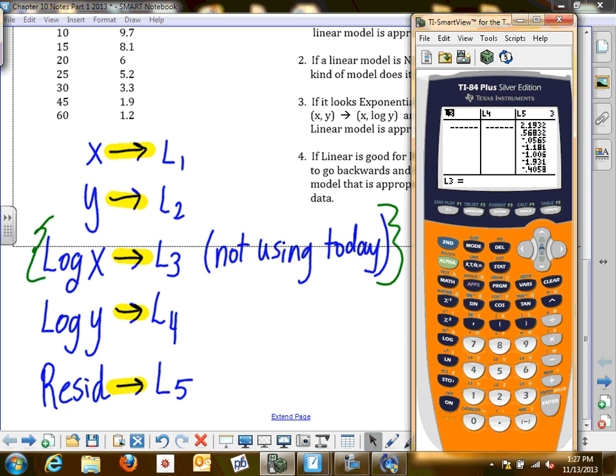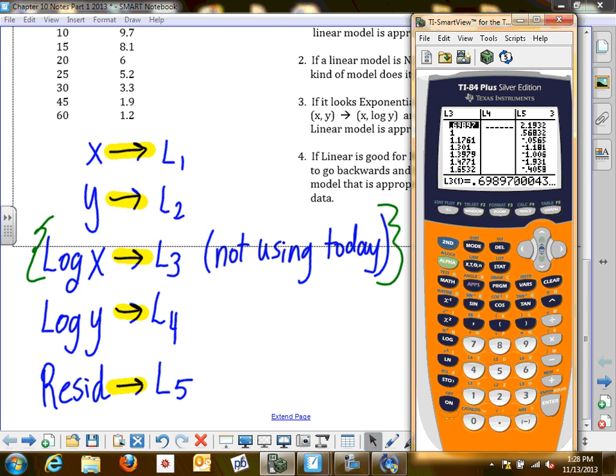I put my little cursor up there on top of the L3. I press the log button, which is next to the 7. And I need to do the log of which values? L1. So second, 1. And then, boom, it gives you those ones. Okay?